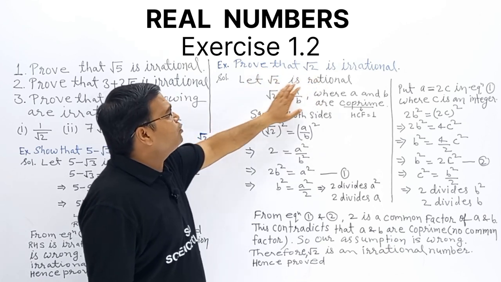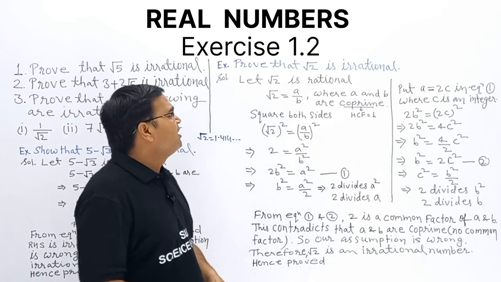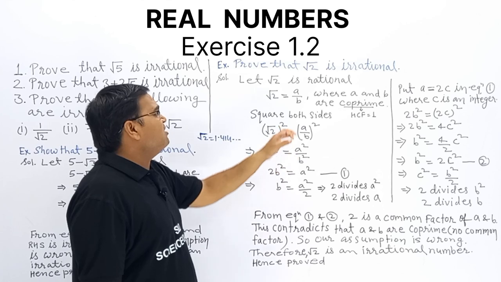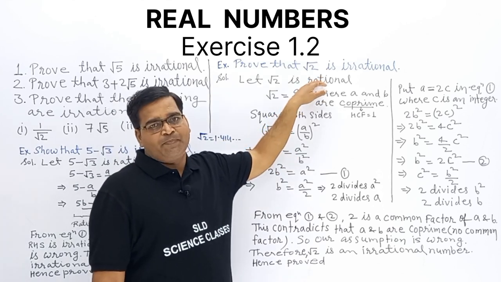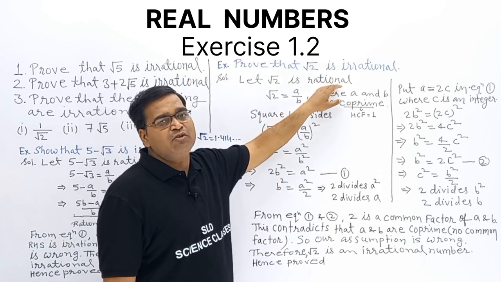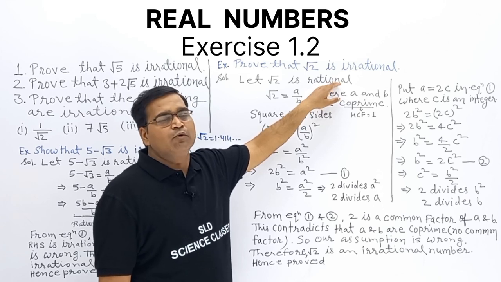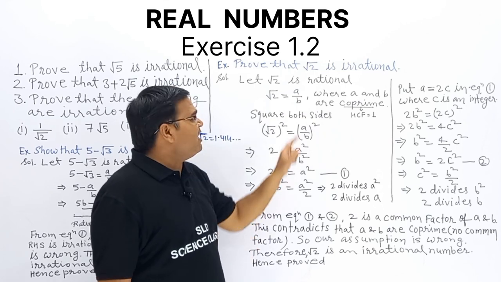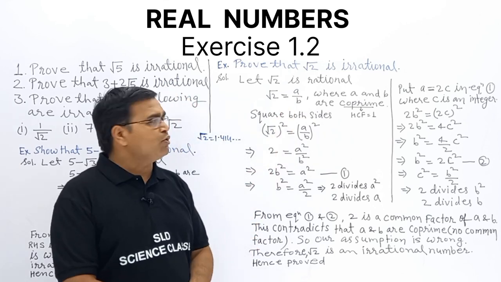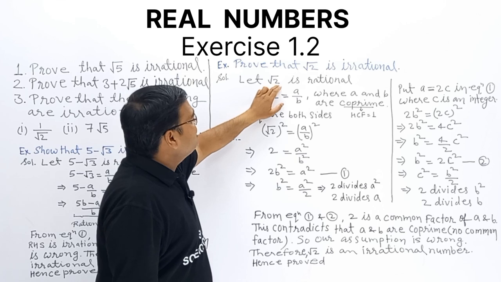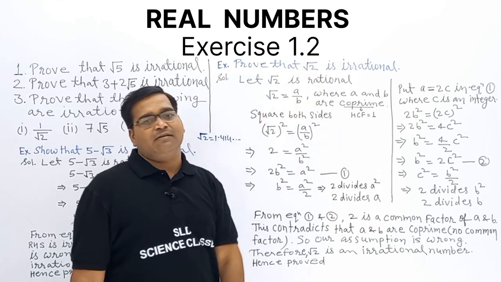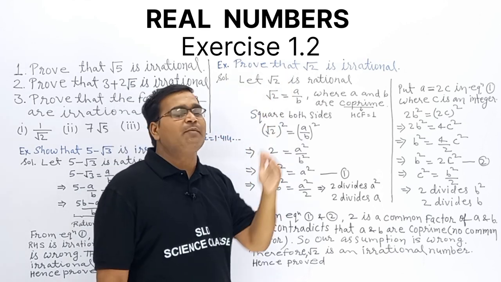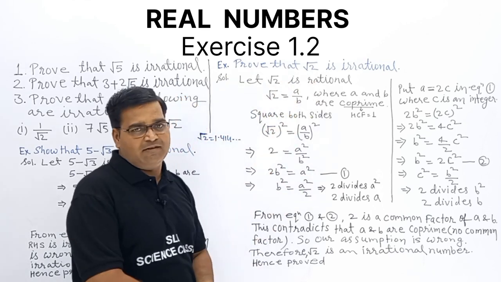So let root 2 be rational. The rational definition shows a ratio, a fraction form. A rational number is P upon Q. Now I am taking A upon B, where A and B are integers. So first I am assuming root 2 is rational. It is not rational, it is irrational, but why am I doing this? We want to prove this, so first I am assuming it is rational.